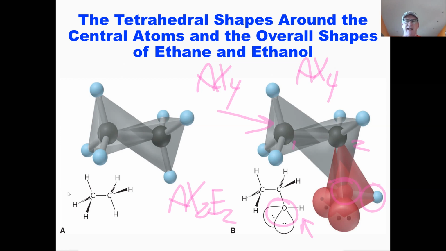What shape would we say it has? It's in the tetrahedral family. It's not a tetrahedral shape. It's a bent shape. Just like water, it's bent. Because remember, we can't see these lone pairs, but we can see the effect they have. So whenever you have oxygen with 2 bonds, it's always going to look like it's bent.